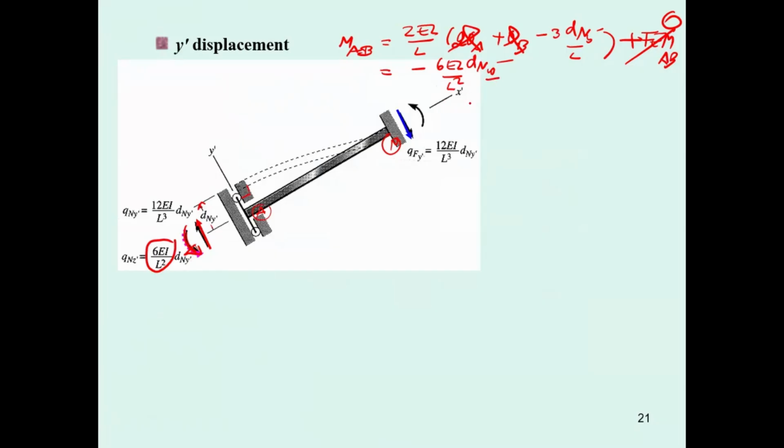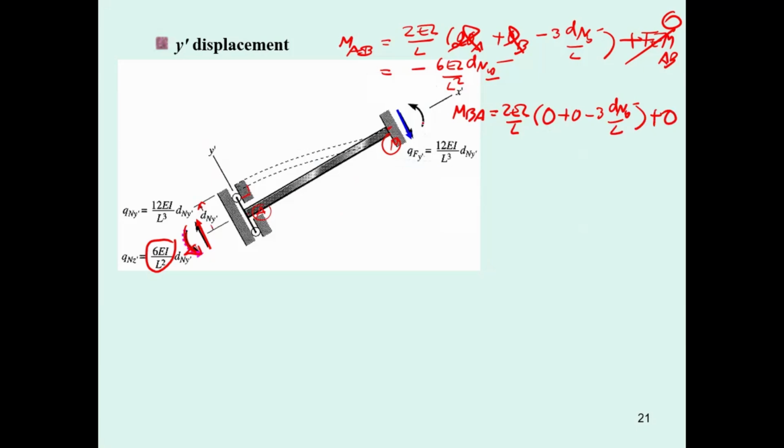The same thing, if you determine M sub BA, that's going to be 2EI over L, 2 theta B, no slope here, plus theta A, no slope here, minus 3. Now, that's going to be D sub n y prime over L and plus 0.